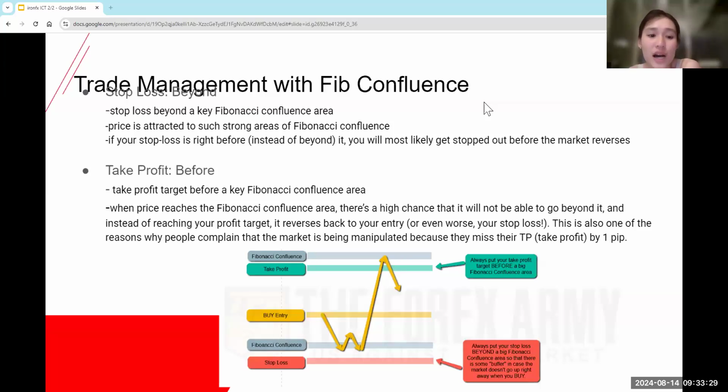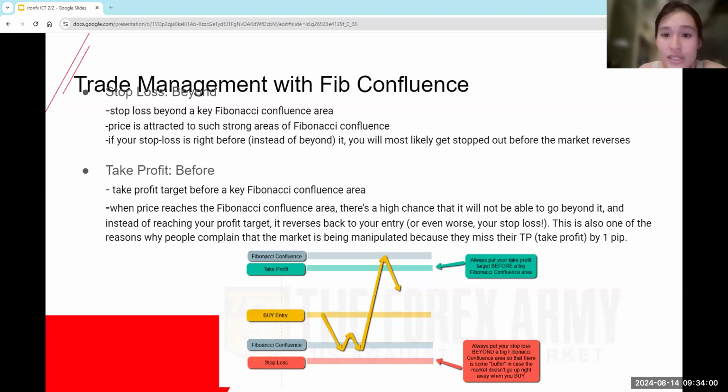And for take profit, we'll place it before any big resistance area. The reason is that when price reaches these areas, there's a high chance it won't be able to go beyond it. So instead of reaching your profit target, it reverses back to your entry or even worse, your stop loss. That's one of the reasons why people complain that the market is being manipulated, because they might miss their take profit by 1 or 2 pips.